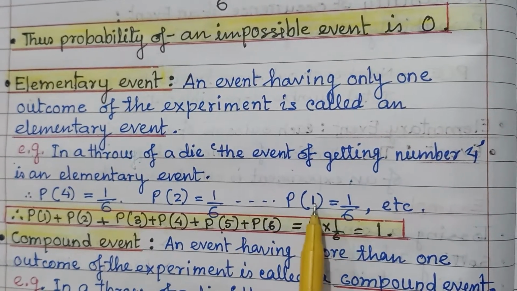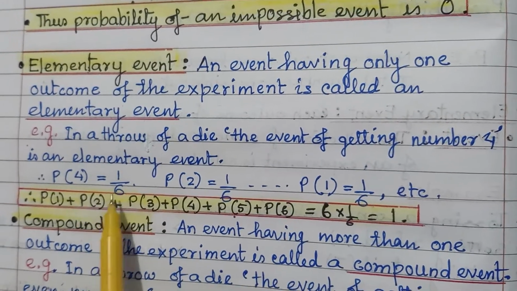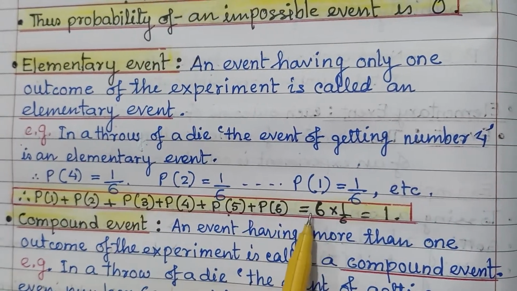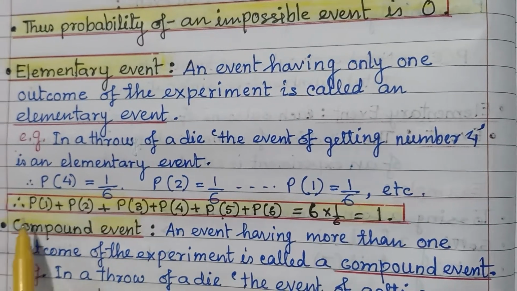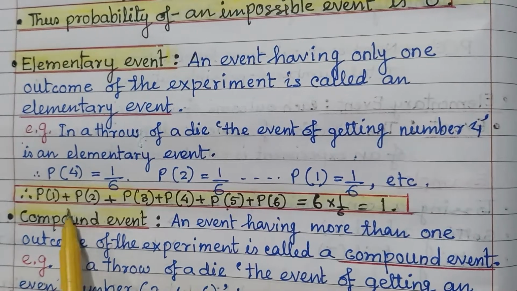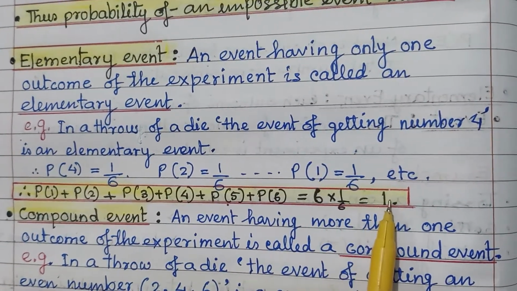For any number on a die, the probability is 1 upon 6. The sum of all these probabilities together is 1, since a die has 6 numbers, and 6 times 1 upon 6 is equal to 1.